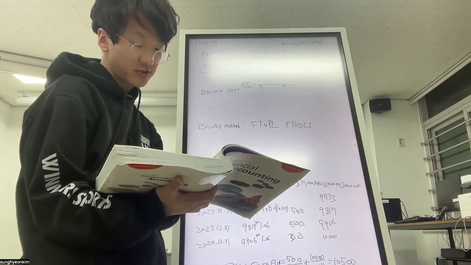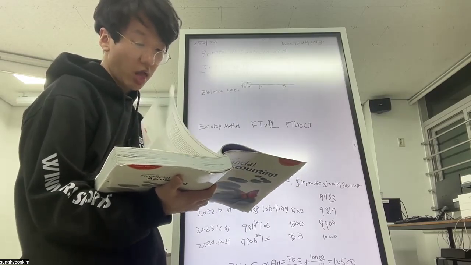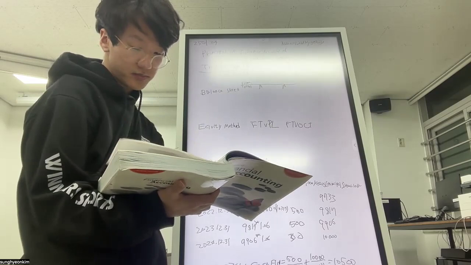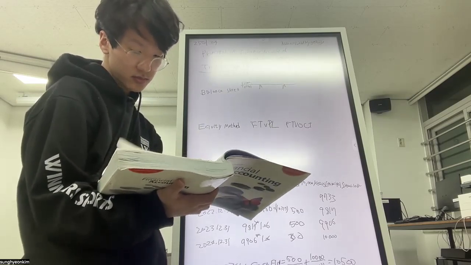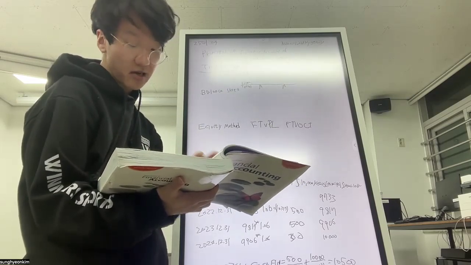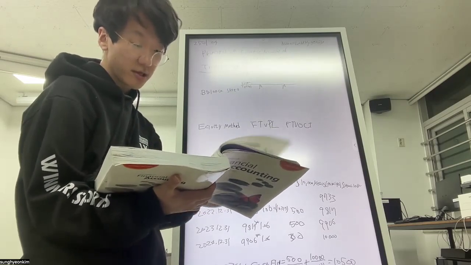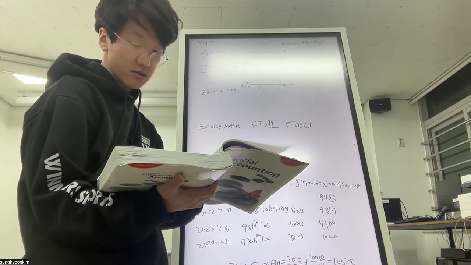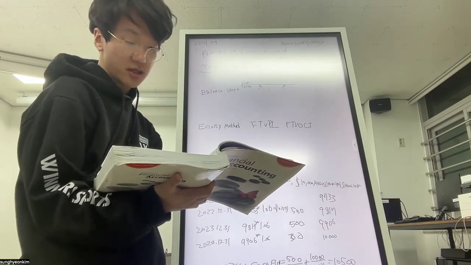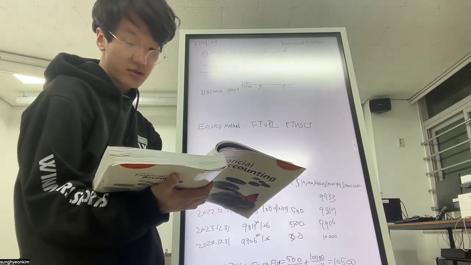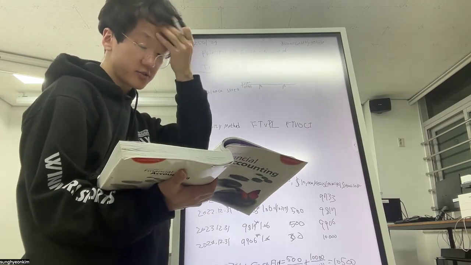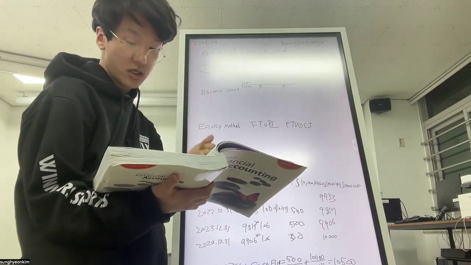So for the financial statements, there is the balance sheet, and there is the statement of comprehensive income. There is the statement of changes in equity, and there is the statement of cash flow.